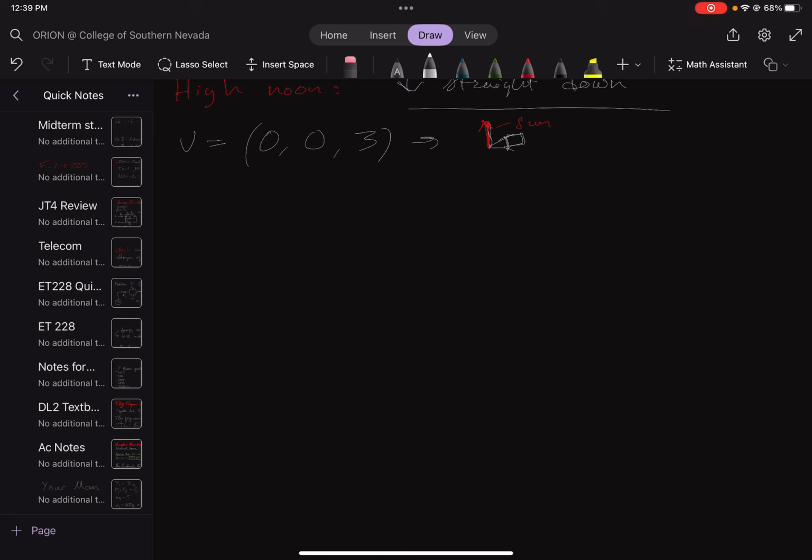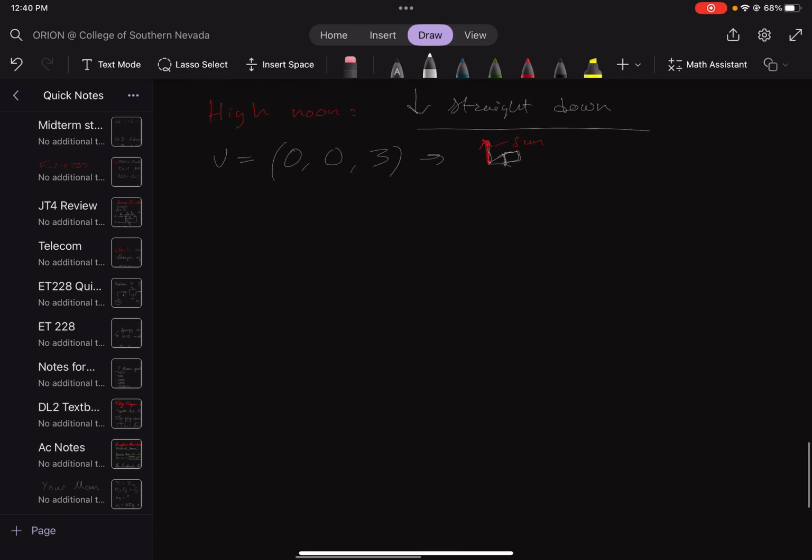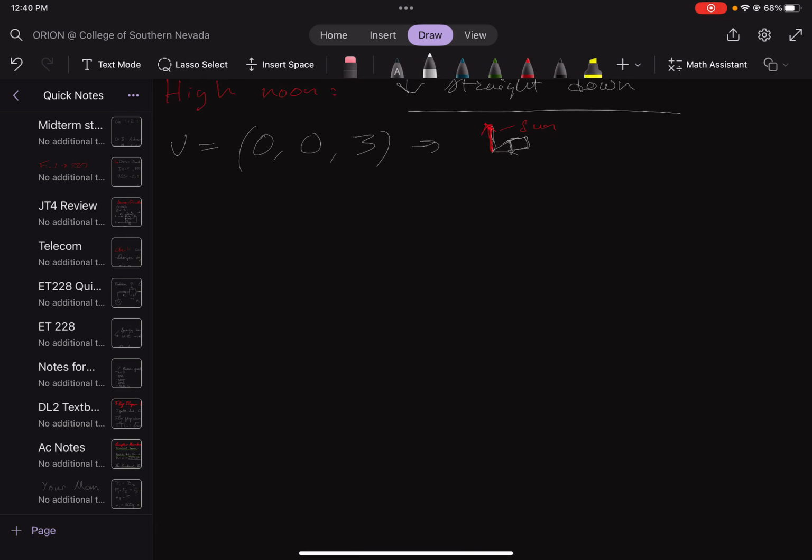So in this example, I've decided to change it to make it more simplistic for the viewer and have it in the same exact area as the vector of the sun, so the same origin. So let's see.